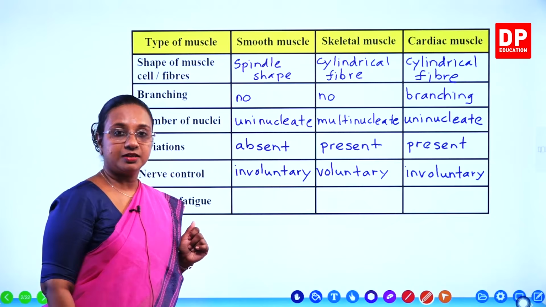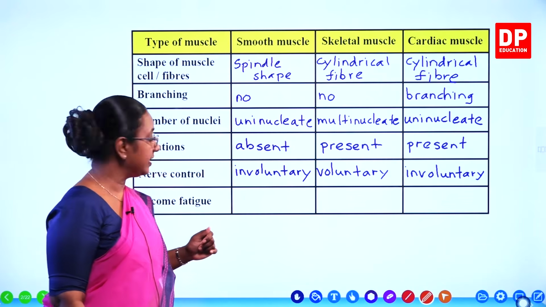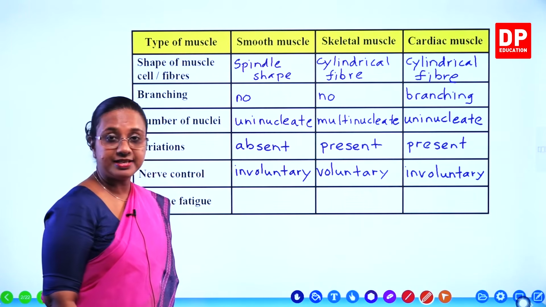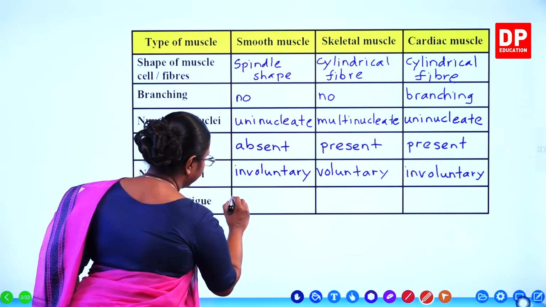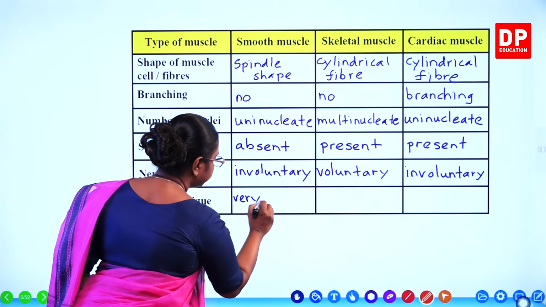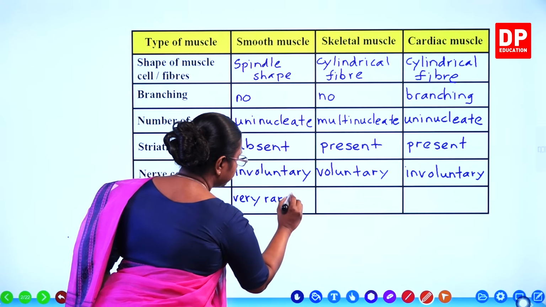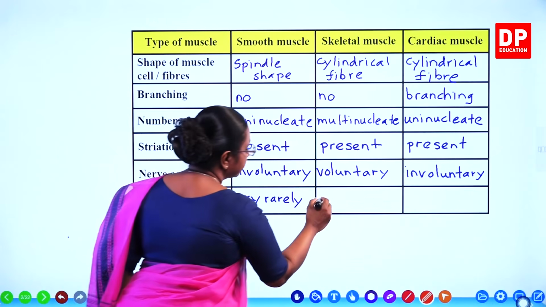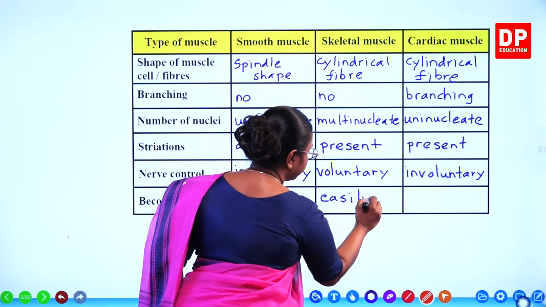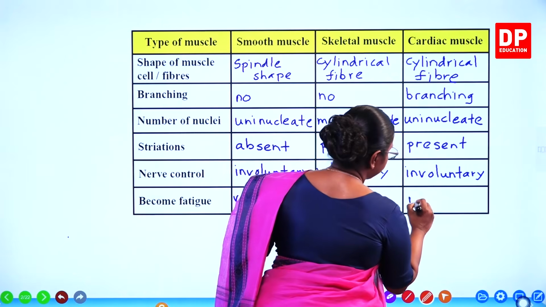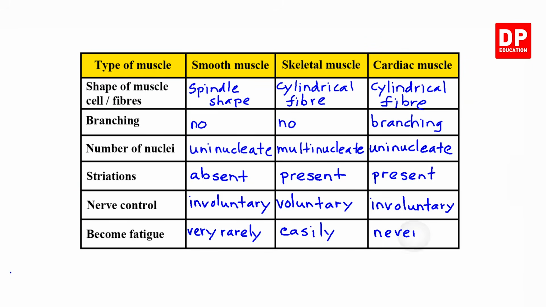And the last functional feature is fatigue. Smooth muscle, very rarely. Whereas skeletal muscle, easily. And the cardiac muscle never becomes fatigued.